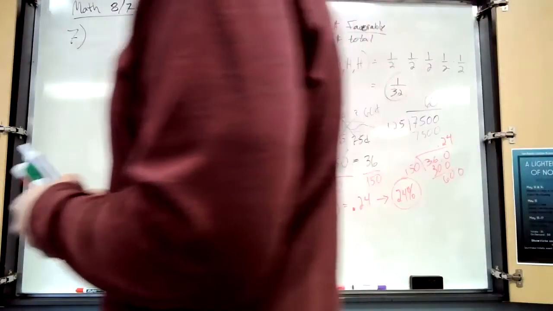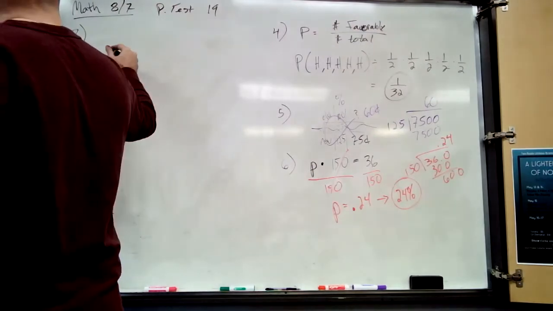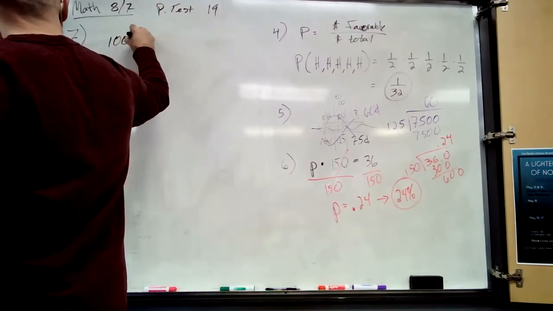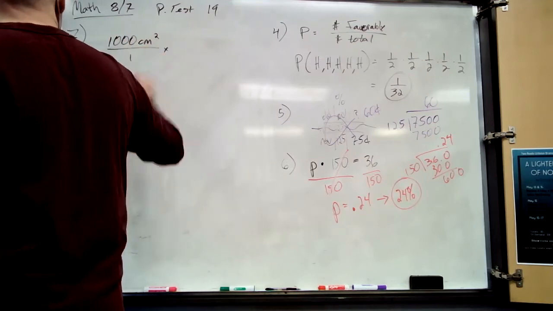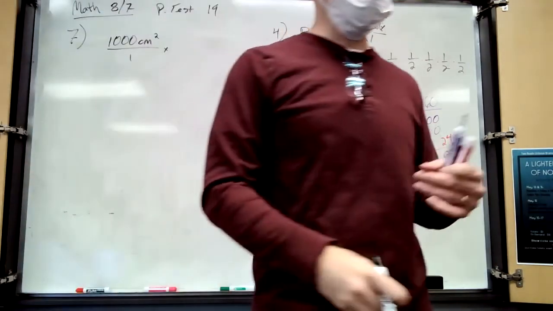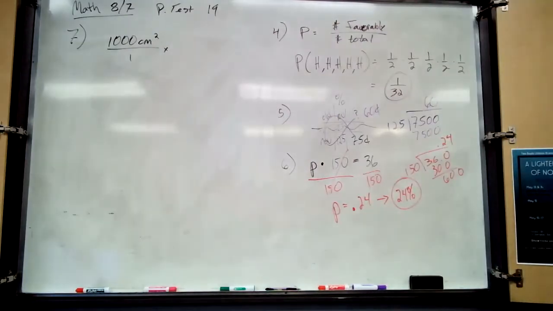Number 7. Here we go. Use 2 multipliers. So, square centimeters. How do you get from centimeters to millimeters? How many millimeters are in a centimeter? No, 100 is how many centimeters are in a meter. But how many millimeters are in a centimeter? 10.